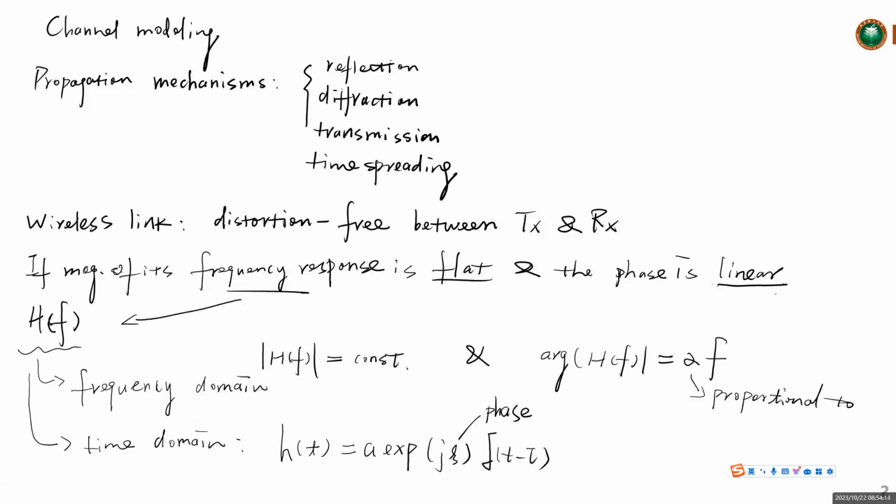There is a Fourier transform between these two. So the impulse response in the time domain can be expressed with H(f) equal to A times the exponential part, and the Fourier transform of the delta function.